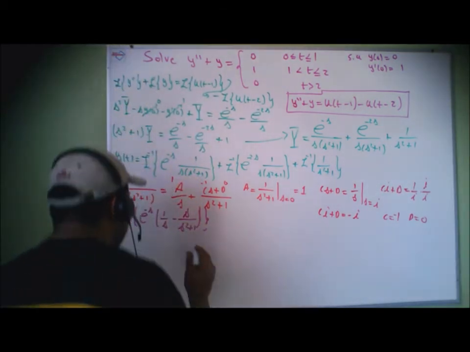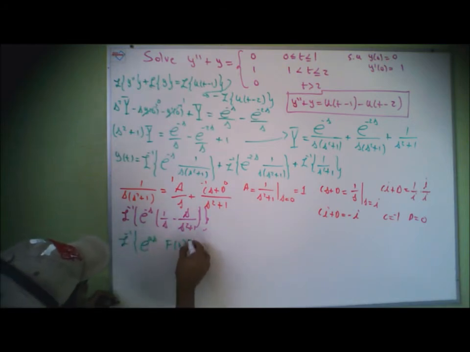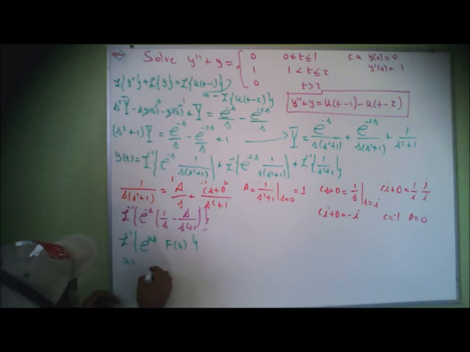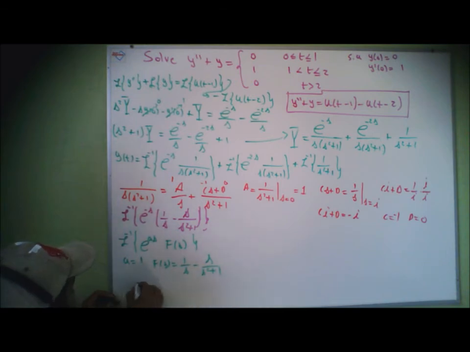The formula is actually the Laplace inverse of exponential of minus as, times F of s. Clearly the value of a happens to be 1. The F of s happens to be 1 over s minus s over s squared plus 1. So what is the value of f of t? f of t is equal to the Laplace inverse of this, 1 minus the cosine of t.